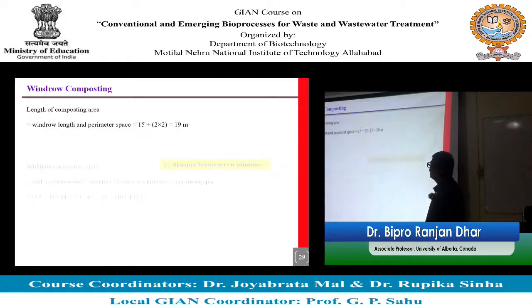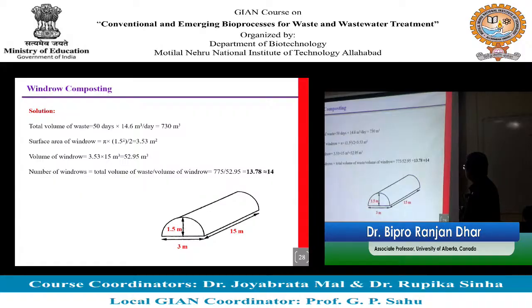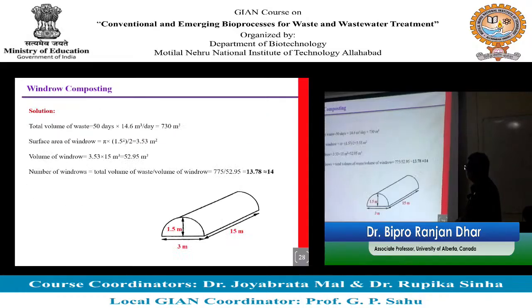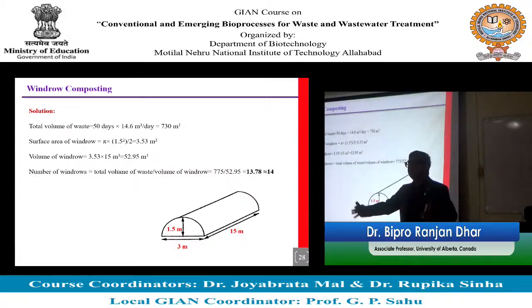So 15 plus 4, 19 meter is my length. But width, I have 14 windrows, right? So 14 multiplied by 3, and the distance between two windrows I don't know, but I know I have 14 windrows, which means I'm going to have 13 gaps.